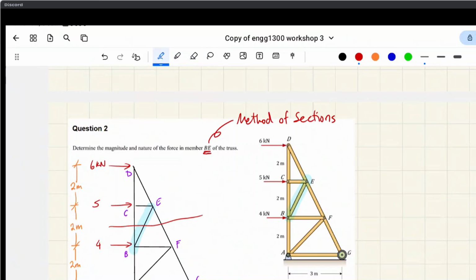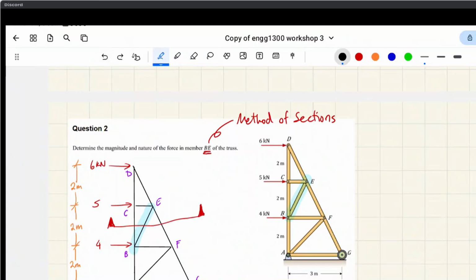Is it going to be easier if I analyze the bottom half or the top half? It's going to be easier if I analyze the top half. That means I don't need to solve the support reactions, because we're only going to deal with the top half of this truss. So I'd draw the section arrows aiming upwards here.